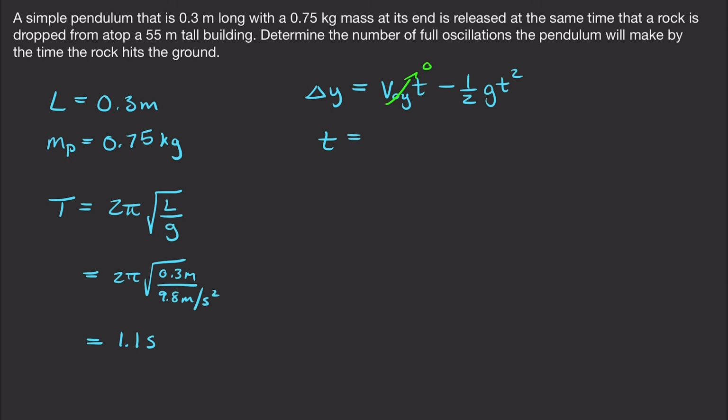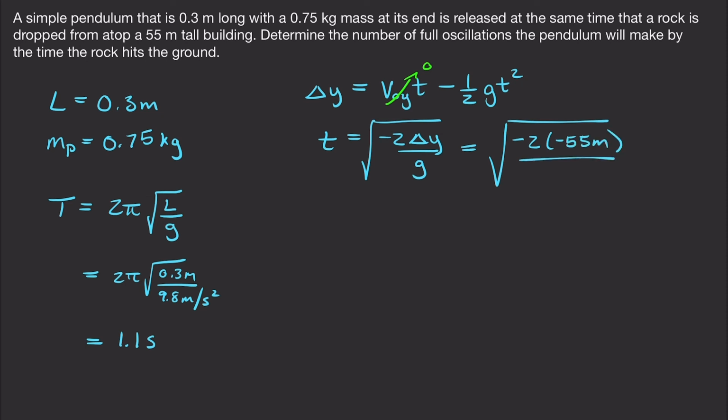This is just going to be the square root of 2 times delta y divided by minus g, or minus 2 times delta y over g. Our delta y is minus 55 meters because we're moving down, so it's negative, divided by 9.8 meters per second squared. This gives us a time of 3.35 seconds.